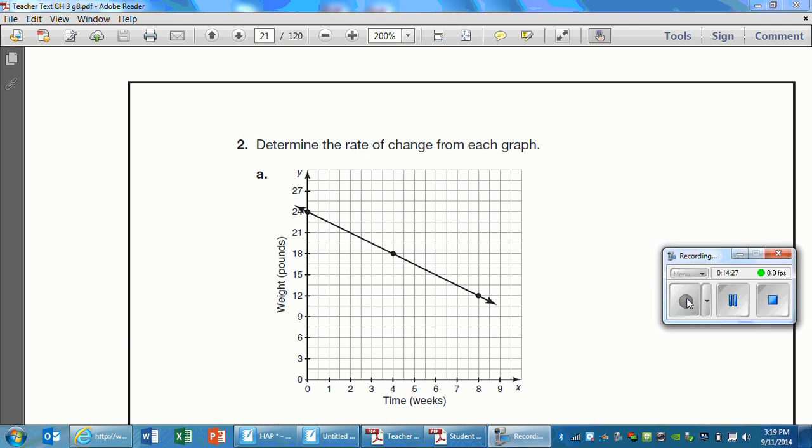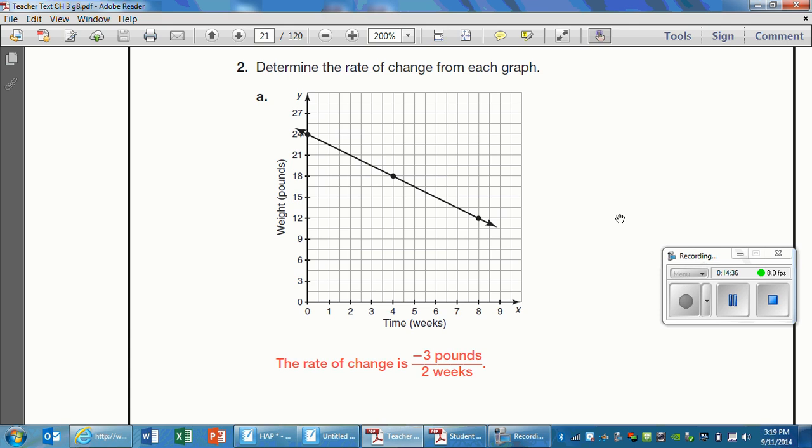All right, let's check A and B, and then you're going to have to do a statement for C if you haven't already. The rate of change is negative 3 for 2. So every time I go down 3, I go over 2. I bet we got that by simplifying, because they're counting by 2.